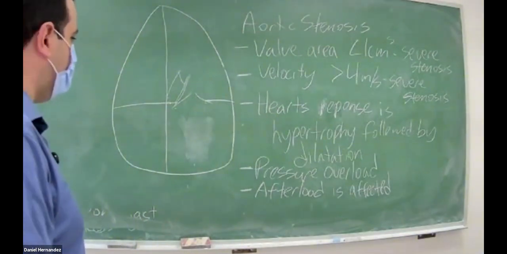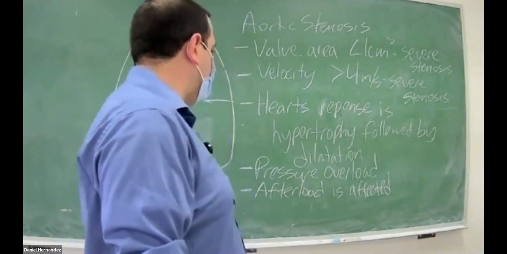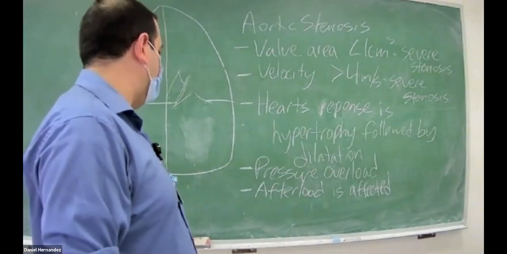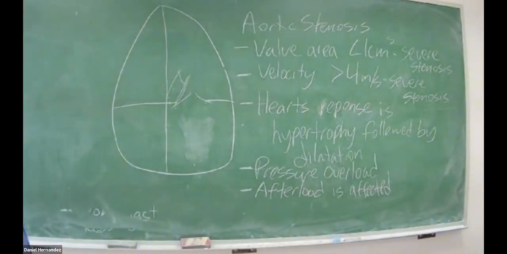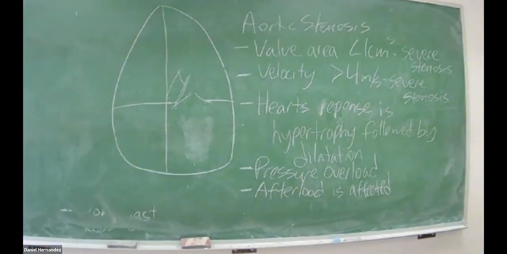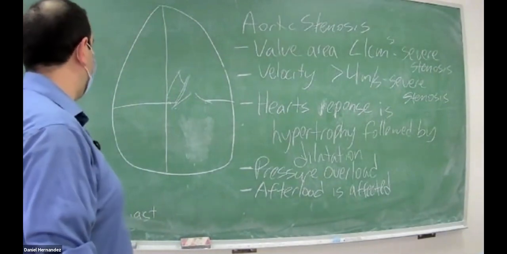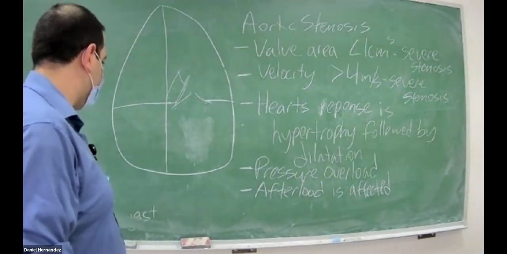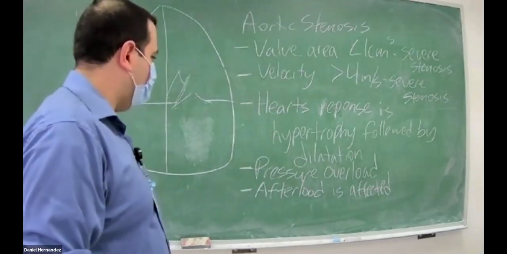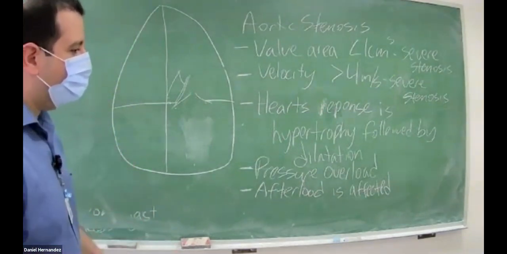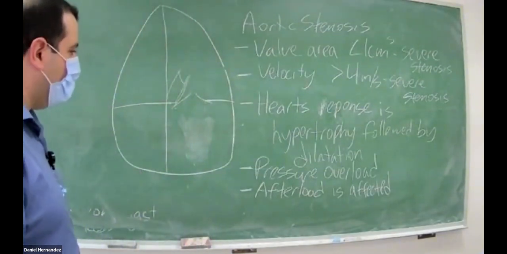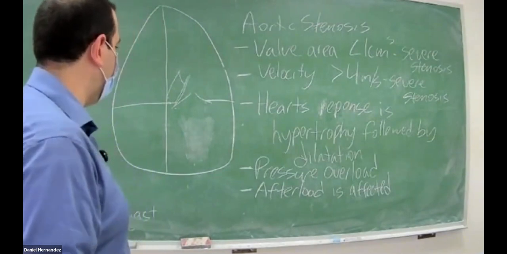Things that affect preload would be aortic insufficiency, and also valvular insufficiency or regurgitation on the mitral and tricuspid valves. Preload could also be fluid volume. So if the patient has fluid overload and increased blood volume, or potentially is anemic and has a low blood volume.